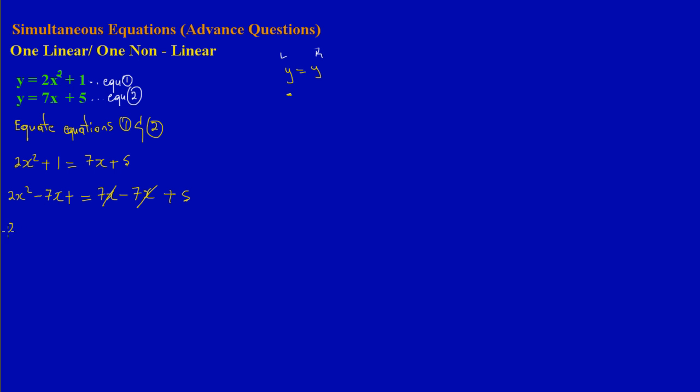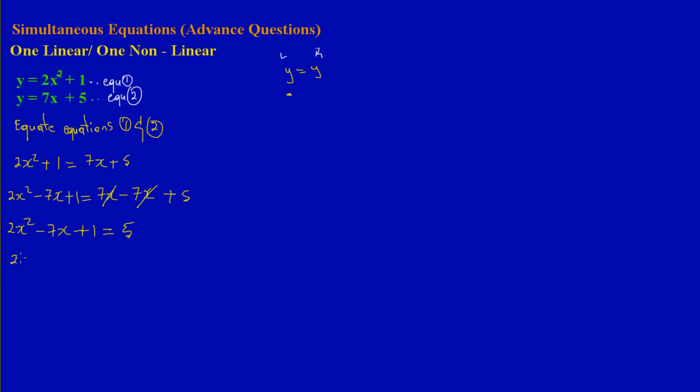So really what I'm left with is 2x squared minus 7x plus 1. Sorry, I should have a plus 1 here. Good. And that is equal to 5 left over there. Now this is a positive 5, so to bring over the 5, I would have to subtract 5 from both sides.